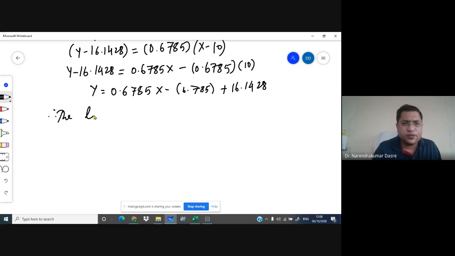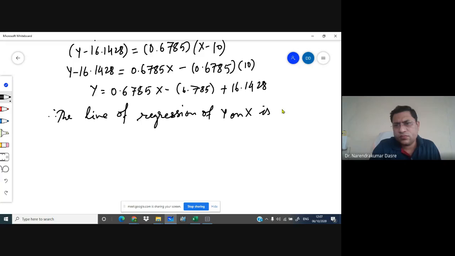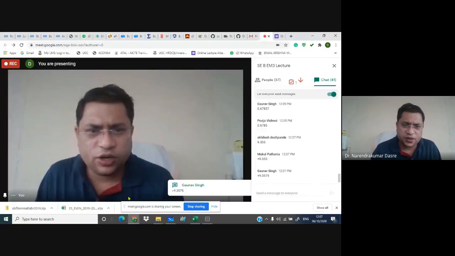So we can write here the line of regression of y on x is given as y equals 0.6785x, plus this coefficient. So give me the value of this coefficient.